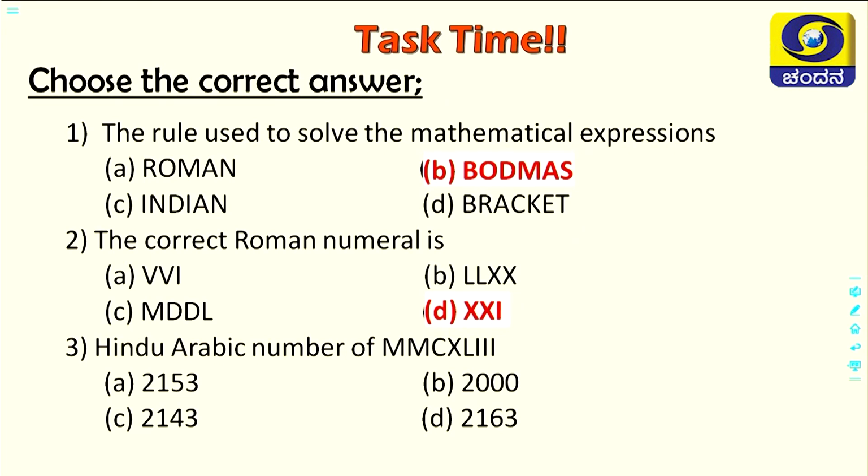VVI has two V's, that is why it is not correct. In B, it has two L's, and in C, MDDL, it has two D's. According to the rules, we should not repeat V, L and D. Did you understand, children?